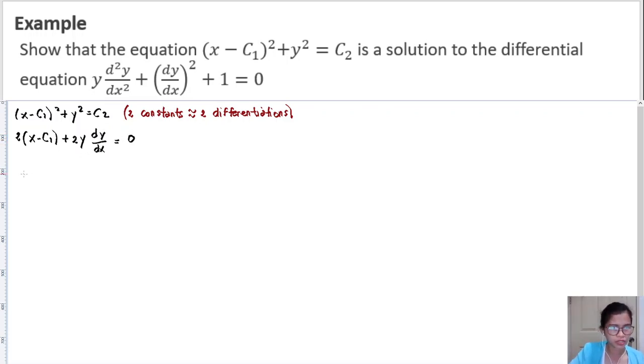Dividing both sides by 2, that would be x minus c1 plus y times dy over dx equals 0. Okay, so now we have dy over dx is equal to negative (x minus c1) over y.